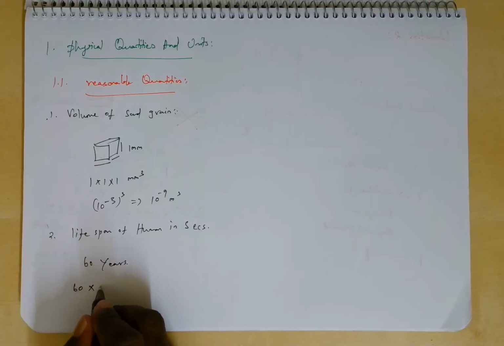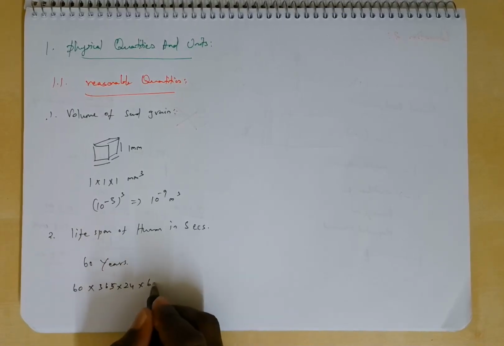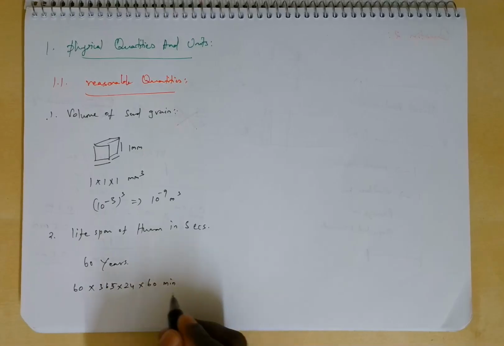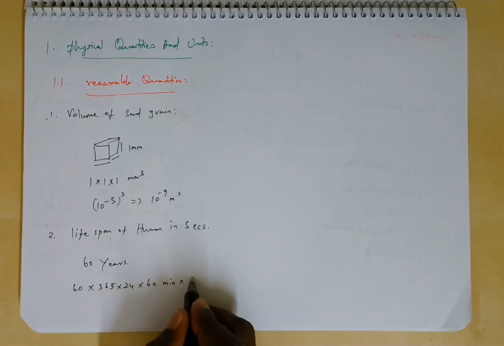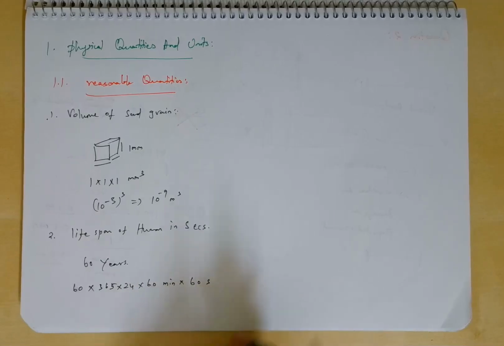So 60 into 365 days into 24 hours into 60 minutes, and 1 minute has 60 seconds.